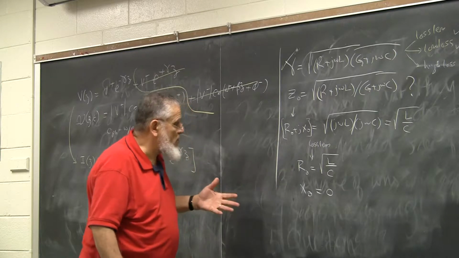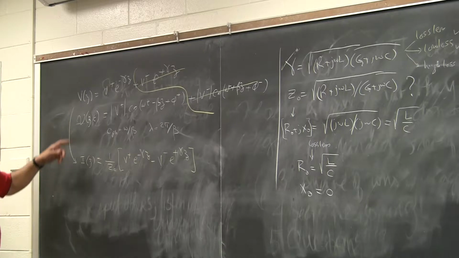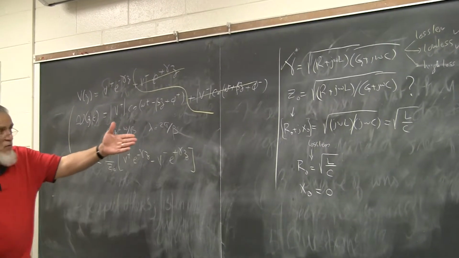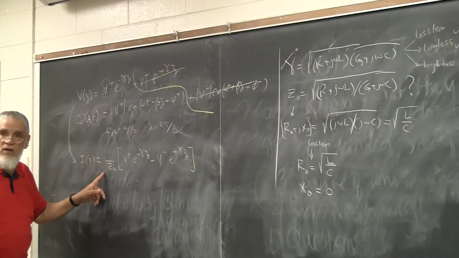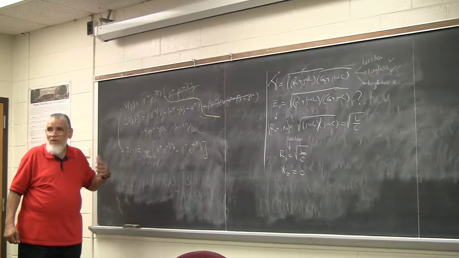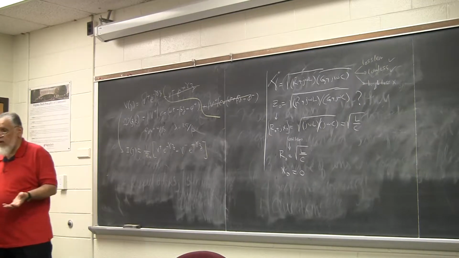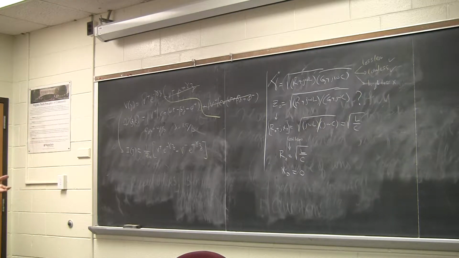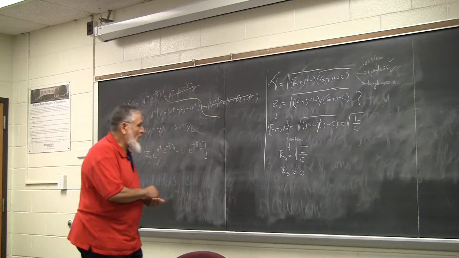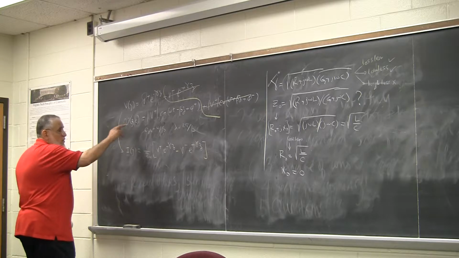This is simply a constant proportionality between the voltage and the current. So the fact that it is real means the voltage is in phase with the current. That's all it means. It doesn't mean a physical resistance in our transmission line by any means, because the line is lossless and we have no losses whatsoever.